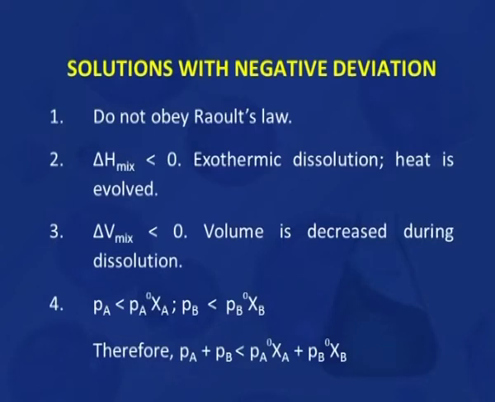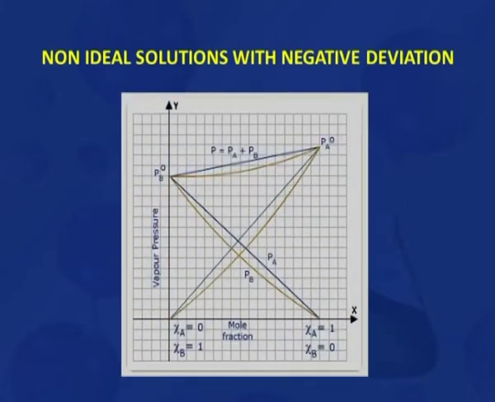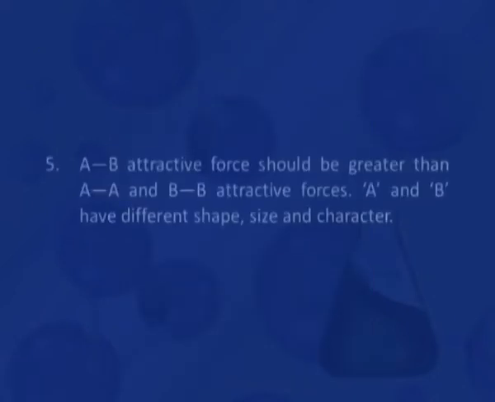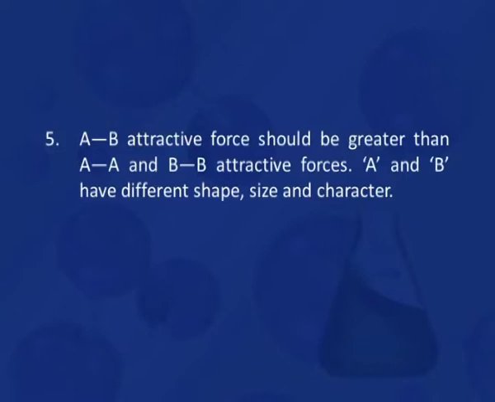You can see all these things in the graph. Here Pa is less than P naught A x A, Pb is less than P naught B x B and Pa plus Pb is less than P naught A x A plus P naught B x B. Solute-solvent attractive forces should be greater than solute-solute and solvent-solvent attractive forces, and solute and solvent have different shape, size and character.